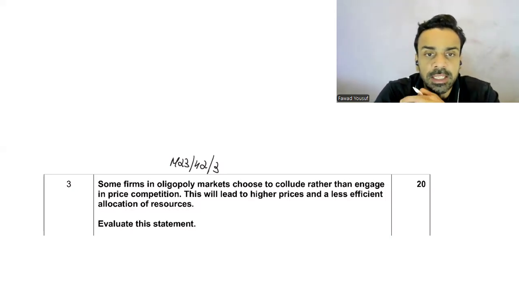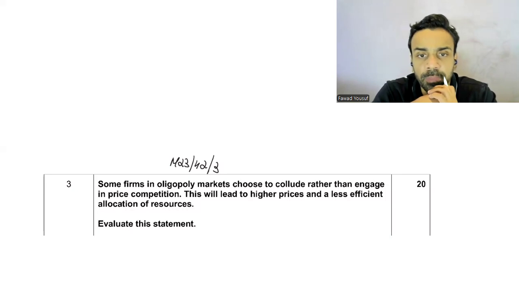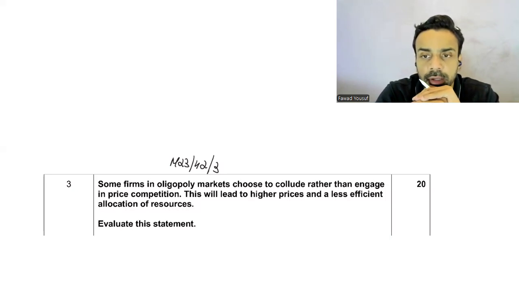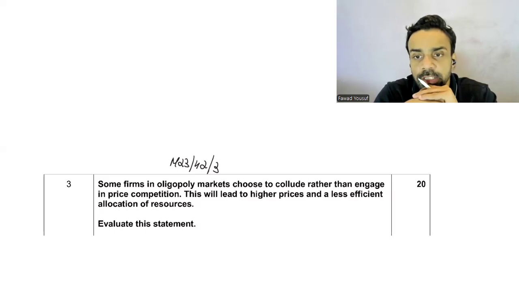It says some firms in oligopoly markets choose to collude rather than engage in price competition. And this will lead to higher prices and less efficient allocation of resources.